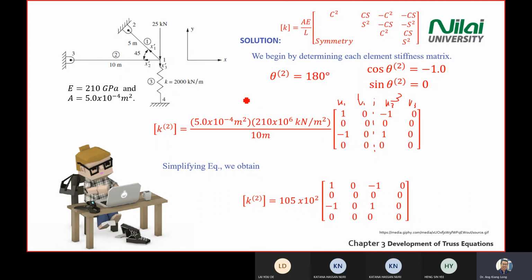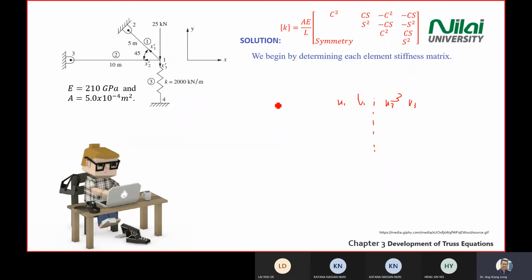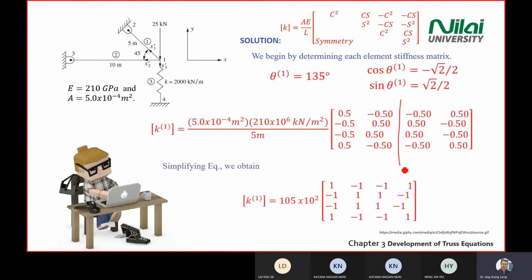Yeah, so for element 1 also same. Element 1, you have 0.1 and 0.2. So you have U1, V1, U2, V2 here. So later you need to import into a very big matrix.